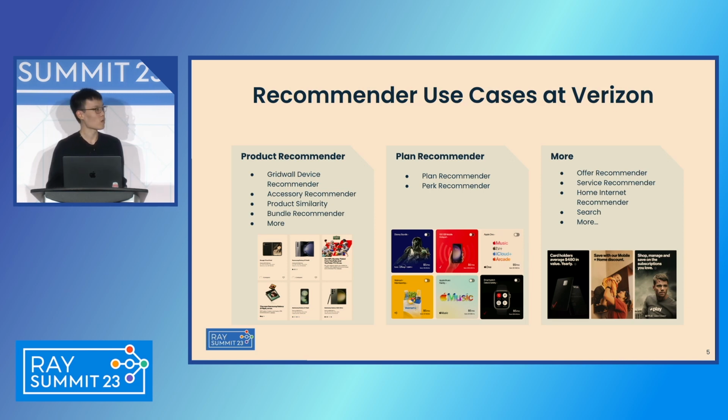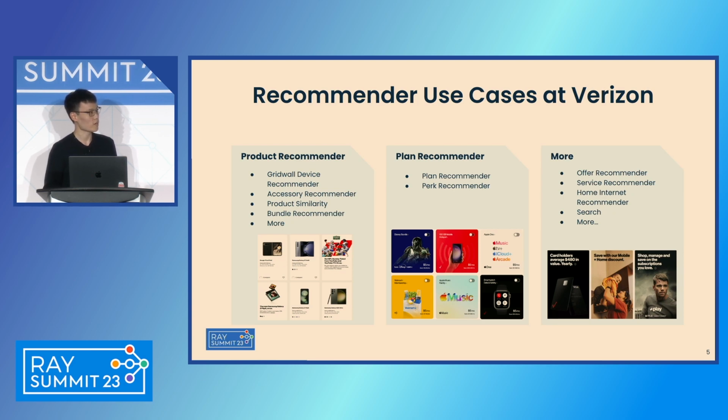We also have a lot more than just the two. Here we just listed a few, like how we recommend offers to our customers, loyalty-based, and other offer-related ones. And also our services. Verizon has this Plus Play program, which allows users to subscribe to different kinds of services, things like Netflix, Max, those popular subscription services.